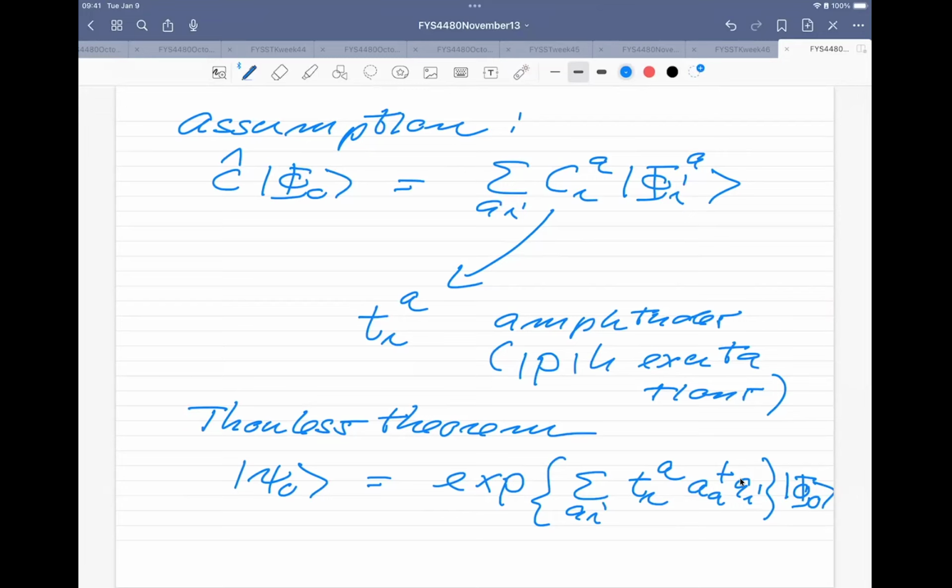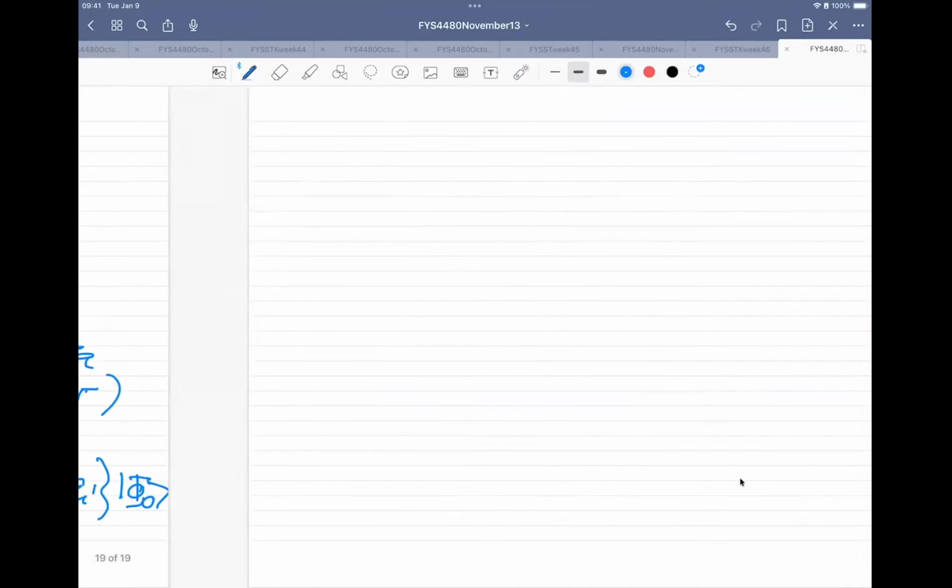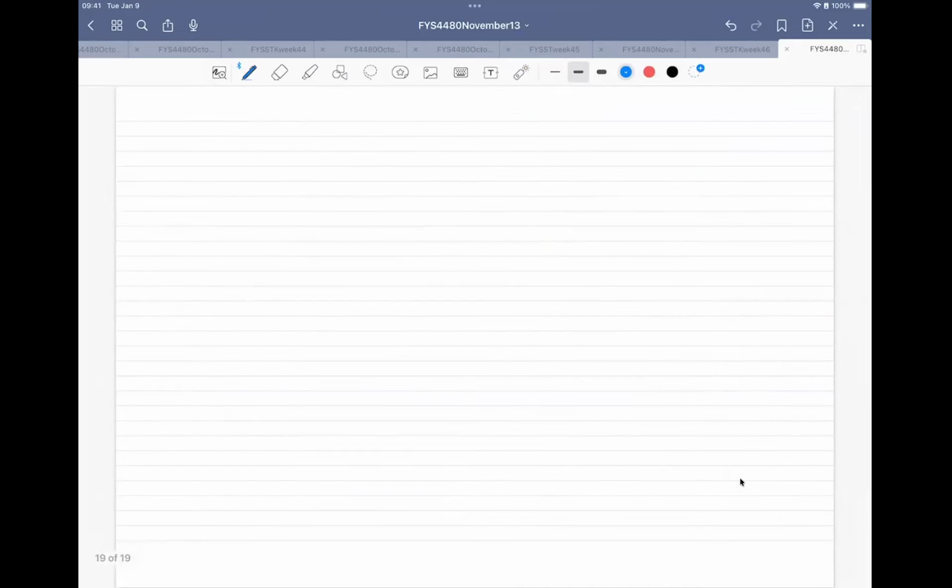So if you look at this one now, it can be tempting to say that now I define an operator for excitations. So I define an operator which I call T1. And my operator is just the sum over the particle hole states, single particle states. And then I have my a dagger, a i.